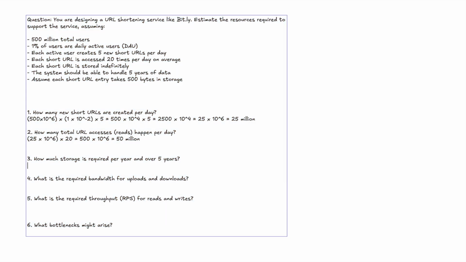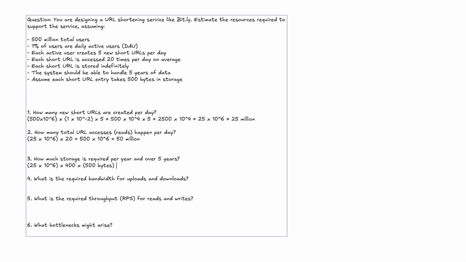Okay, so the next question is how much storage is required per year and over 5 years. So we know that we create 25 million URLs per day. So that's 25 times 10 to the 6 times 365 days a year, but I'm going to round that to 400 for easier math. And each of these URLs are 500 bytes.